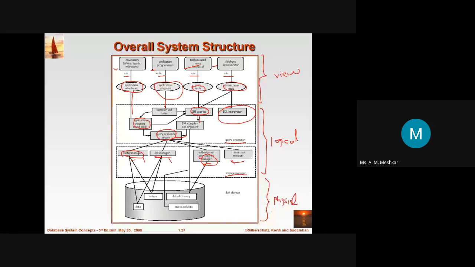Okay, because everything depends on the transaction manager, because it is a collection of operations that performs a single logical function. So it will be checking all the properties, like ACID properties, for a particular transaction or operation to be done.